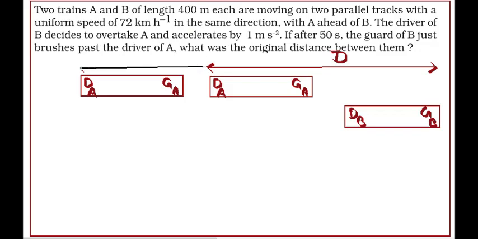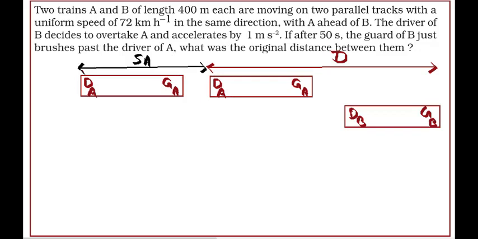That is the distance traveled by train A in 50 seconds, but that train is going with a constant speed of 20 meters per second, so easily you can calculate the distance.